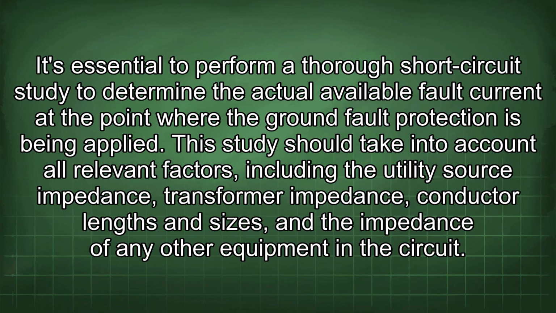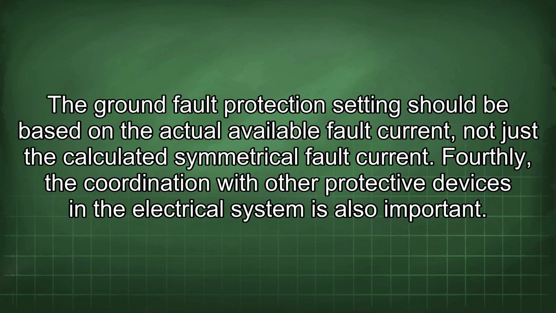This study should take into account all relevant factors, including the utility source impedance, transformer impedance, conductor lengths and sizes, and the impedance of any other equipment in the circuit. The ground fault protection setting should be based on the actual available fault current, not just the calculated symmetrical fault current.